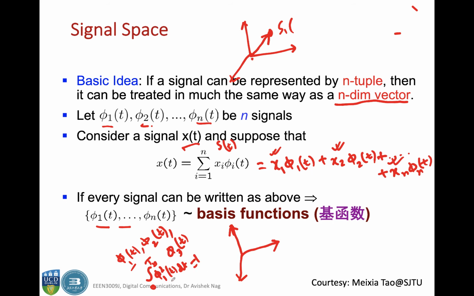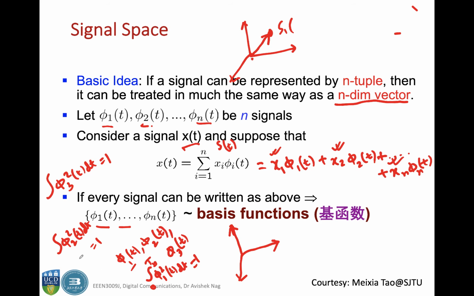Similarly, phi2 is also 1, and phi3 is also 1. And then all the individual correlations or dot products are 0.